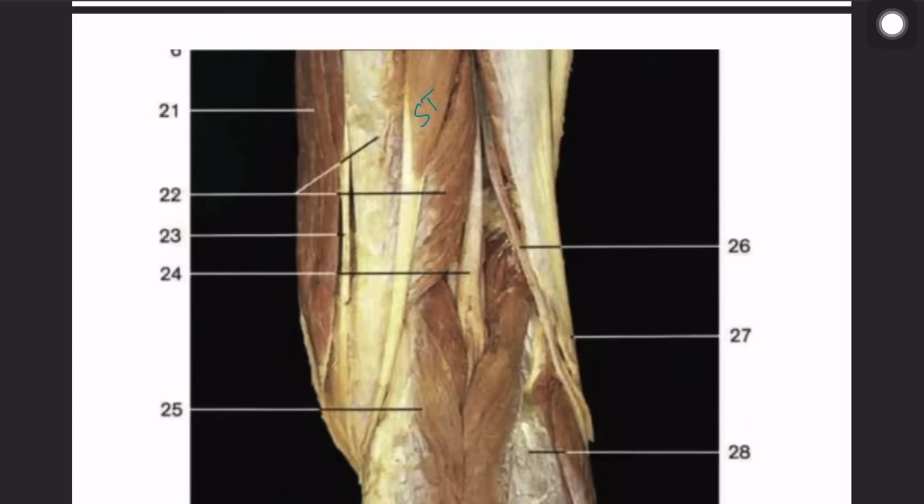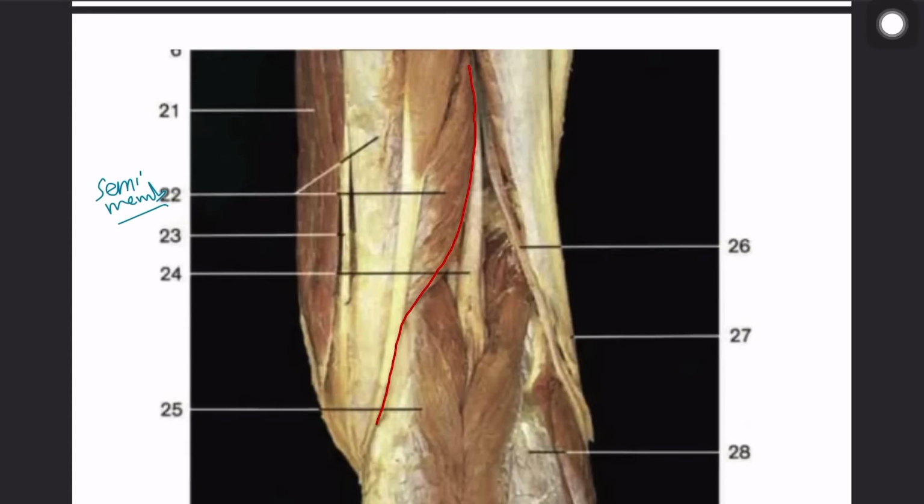The big one, which looks like a membrane, this one, is the semimembranosus. So if you look here, that is the semimembranosus. In terms of the boundaries of the popliteal fossa, the semitendinosus and semimembranosus represent the medial boundary, as you see here.